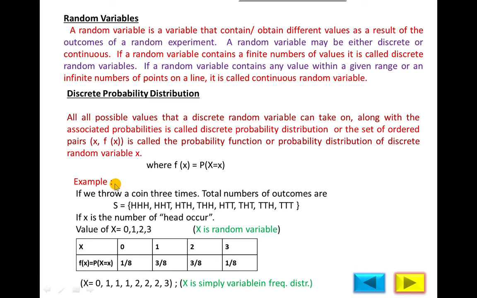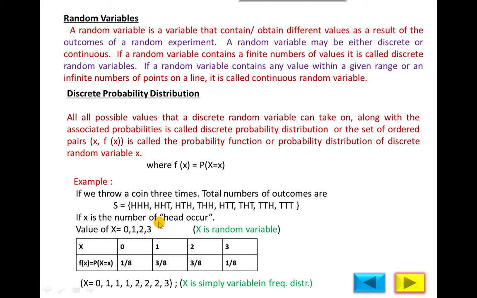You can understand easily what is the difference between a variable and a random variable. You know that a variable represents all the values, while a random variable represents the result of the outcomes, the possible results of the outcomes. So if we throw a coin 3 times, the total number of outcomes is 8.